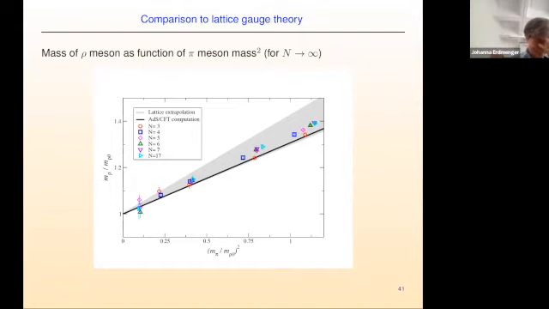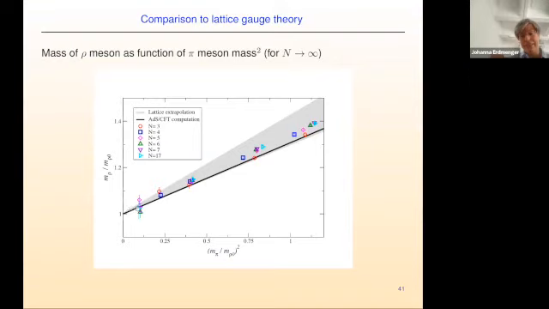And certainly they can't get to N equal to infinity. So what was done by the lattice gauge theorists is that they did the calculation for different values of N, so increasing values of N. I mean, for them, 17 is already almost infinity, because the calculation becomes very involved.